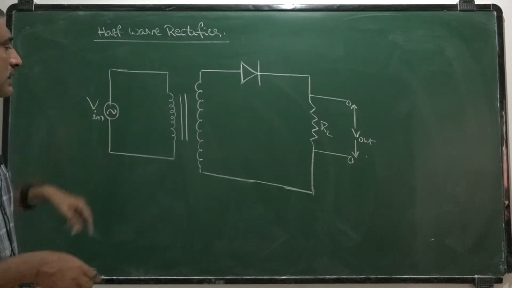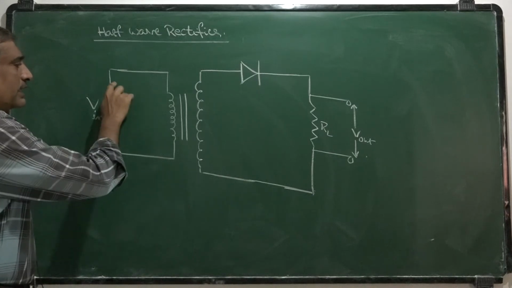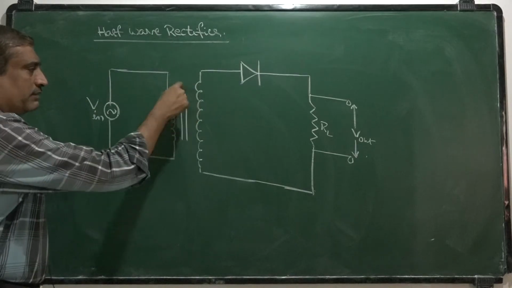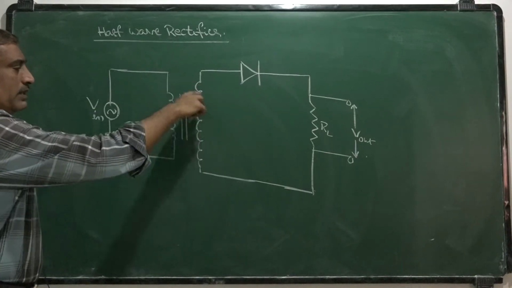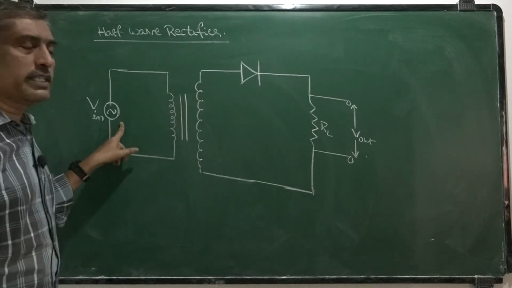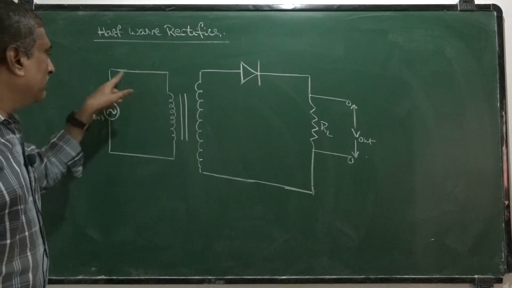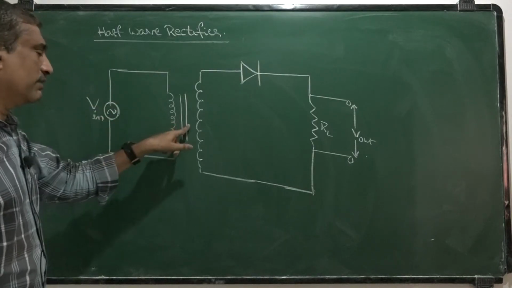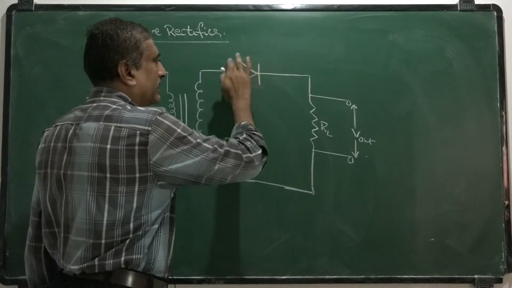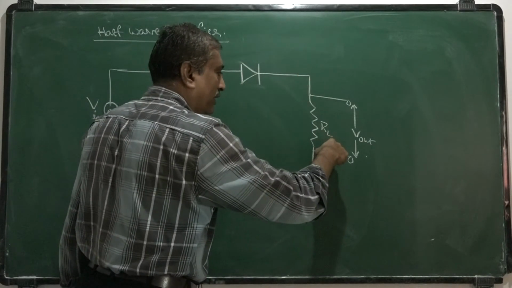First, the input voltage, that means the AC to be rectified, is connected to the primary of a transformer. This is the transformer, you know the symbol of a transformer. The secondary is connected to a PN junction diode like this, in series with a load resistance.